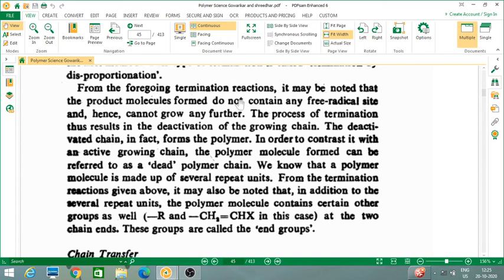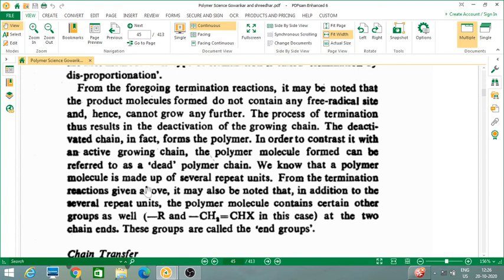From the foregoing termination reactions, it may be noted that the product molecules formed do not contain any free radical site, hence cannot grow any further. The process of termination thus results in the deactivation of the growing chain. The deactivated chain, in fact, forms the polymer. In order to contrast it with an active growing chain, the polymer molecule formed can be referred to as a dead polymer chain. We know that a polymer molecule is made up of several repeating units.